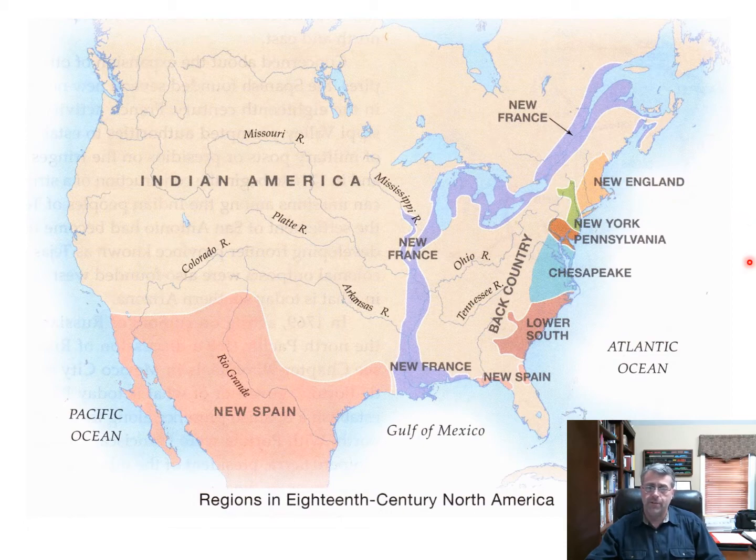So it's also important to note here that there are some important differences between the British colonies and the French colonies. Not just that they are competing with each other, but they're doing totally different activities. They both have very different ideas about how North America should be settled. The British colonies, as we've already discussed, are focused primarily on agriculture.